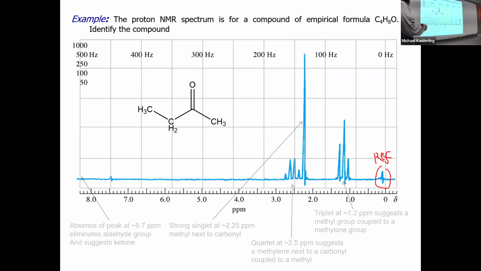So this is the structure. The quartet is this CH2, the triplet is this CH3, the singlet is this CH3.